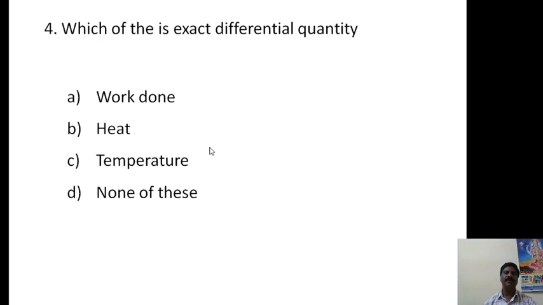You have to choose which one is the exact differential quantity. Option C is the correct answer because temperature is the exact differential. Here work done is inexact and heat is inexact, but temperature is an exact differential. The answer of this question will be C.